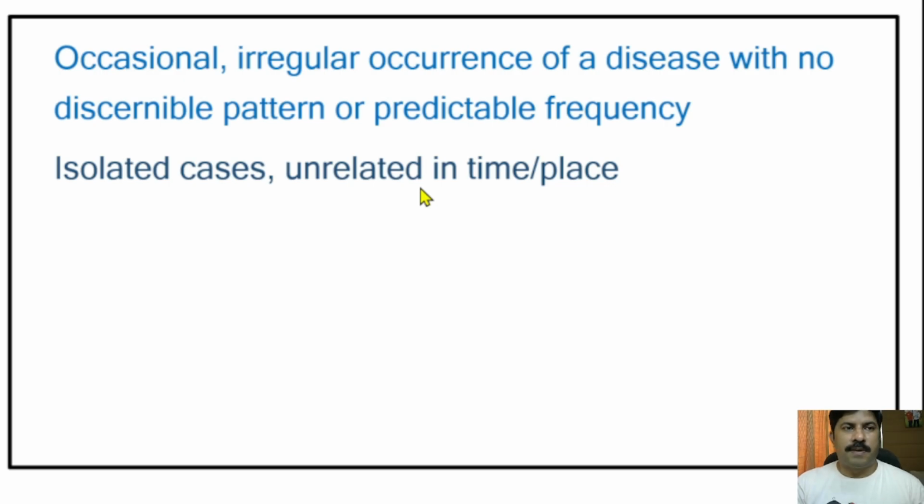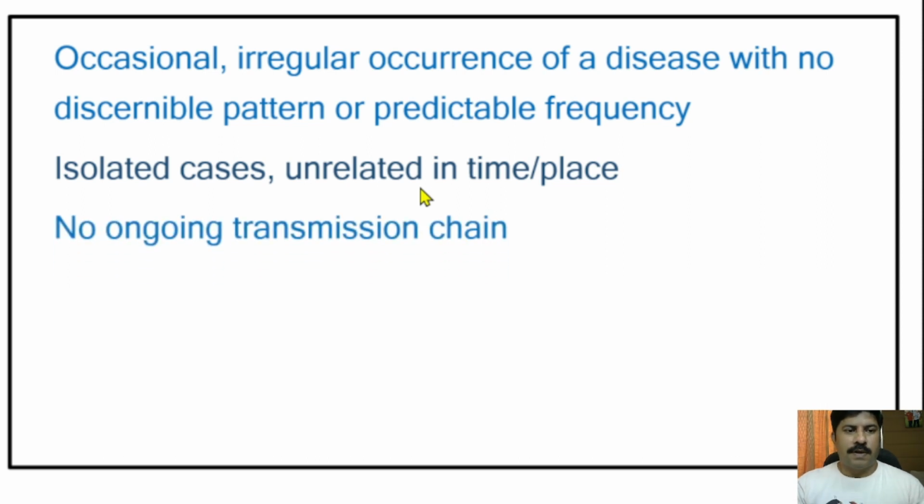So it may not depend on season, or it may not depend on region. There will be isolated cases here and there. No ongoing transmission chain. So usually the community health nurse or the healthcare persons cannot identify the transmission chain.